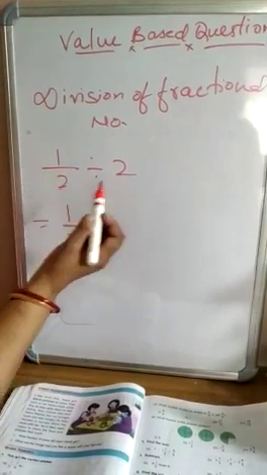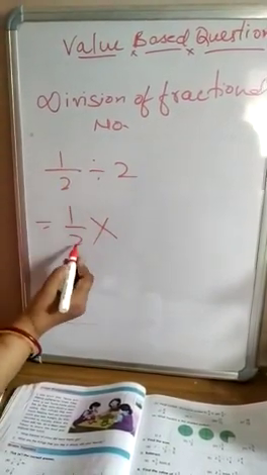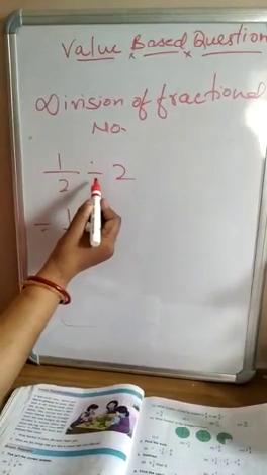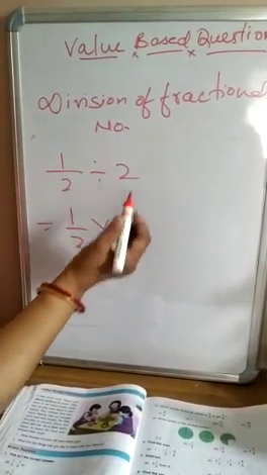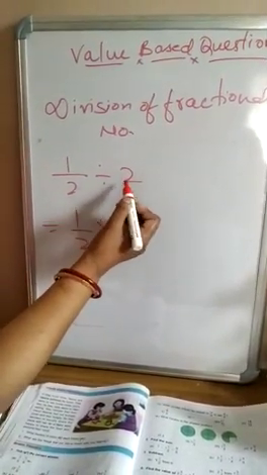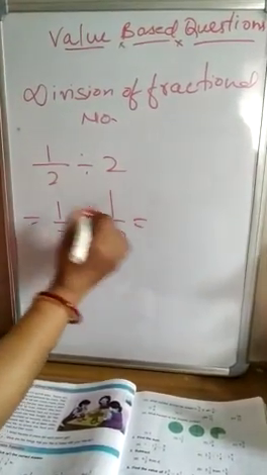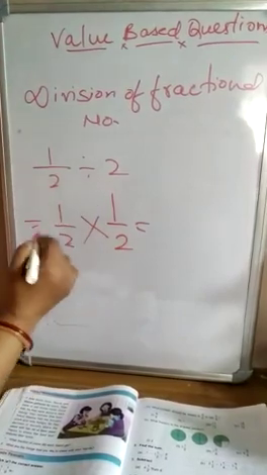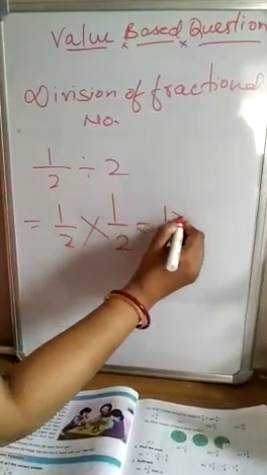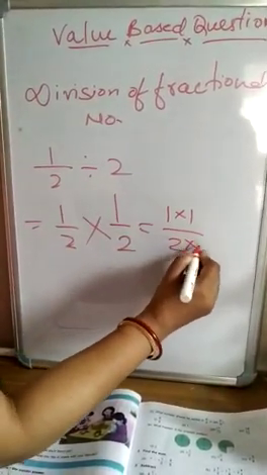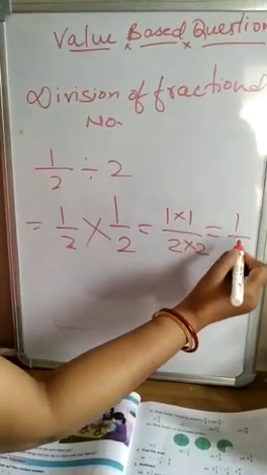The dividend I will write as it is, changing the division sign into multiplication, and for the divisor 2 we write the reciprocal of 2, that is 1 by 2. Here again applying the properties of multiplication, numerator will be multiplied with numerator and denominator with denominator, that is 1 by 4.